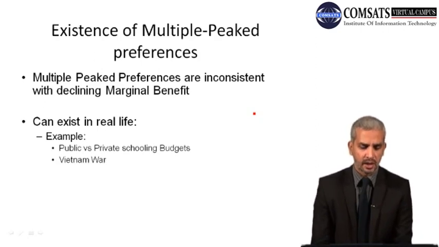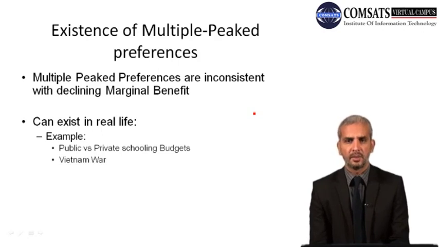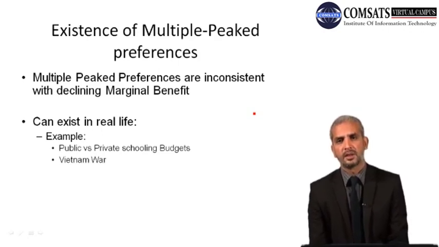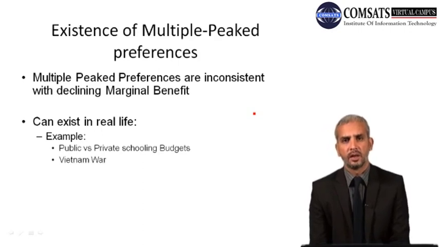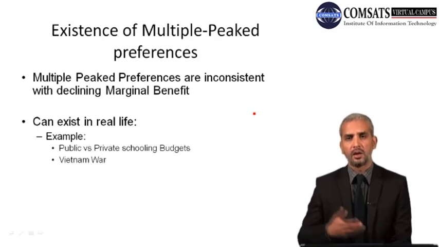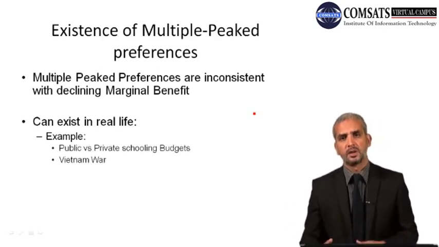So was the case with the Vietnam War. In the USA, on the first alternative, people were considering that we should not go for war, but if we do go for war, then it should be an all-out war, in which case we should ensure that there is success in that war.